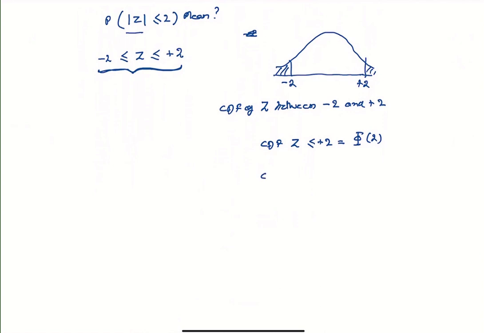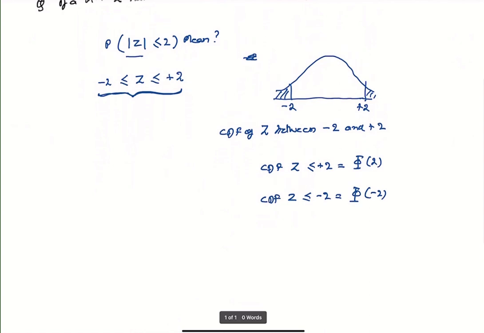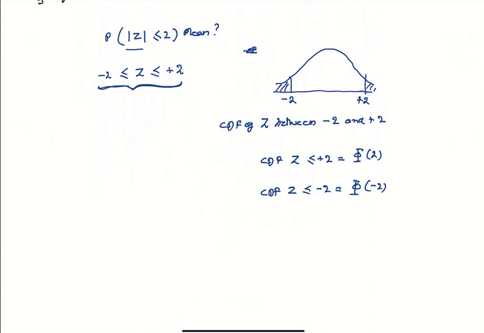And what will be the CDF of z less than or equal to minus 2? That will be represented by CDF of minus 2. But how do I calculate between minus 2 and plus 2? So what they actually want to know is the area underneath this.